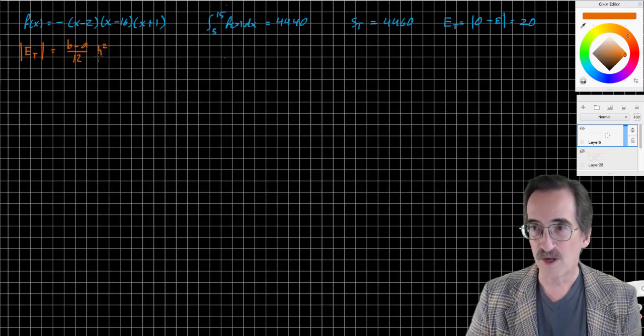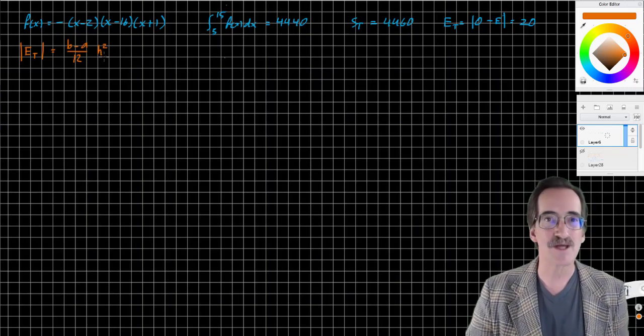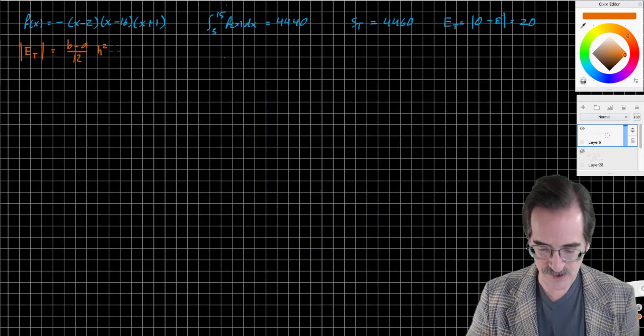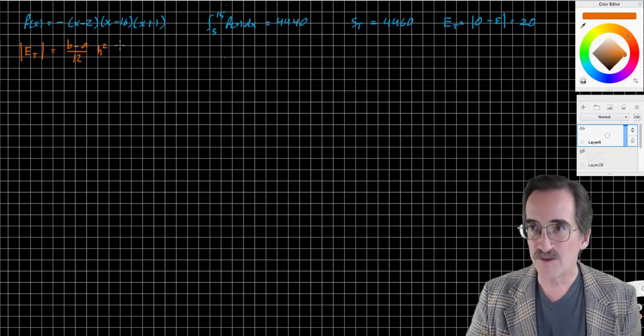Times h squared, where h is the interval. In some textbooks it's delta h. It's the interval between the widths of the trapezoid sections. And then this strange factor, capital M sub f double prime.